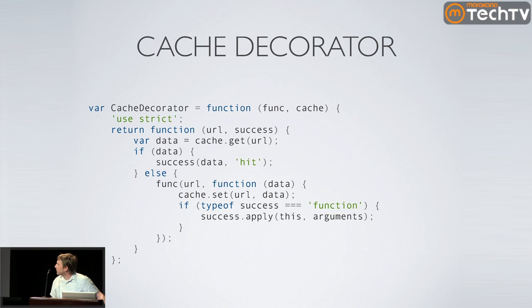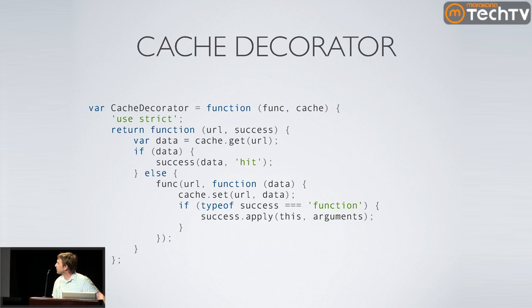If we don't have the data and we get a cache miss, what we need to do is execute the original function that was passed through when the decorator was created. So it's the jQuery get function.